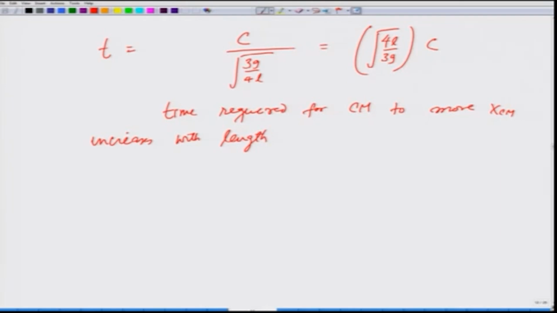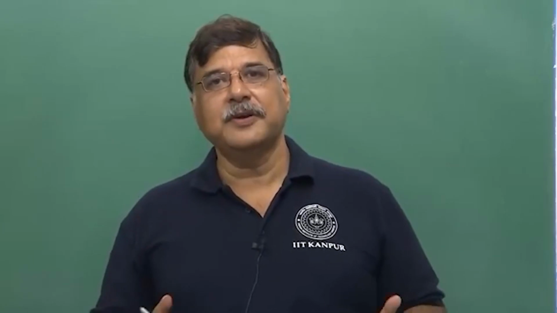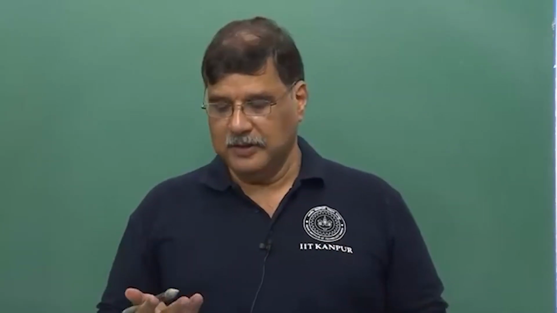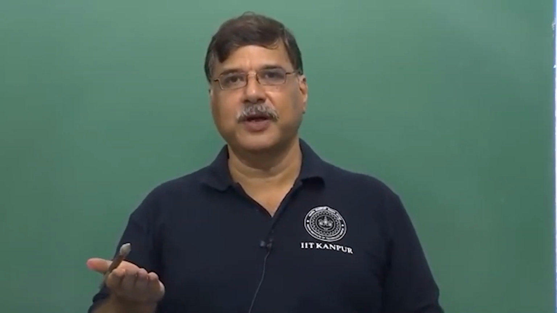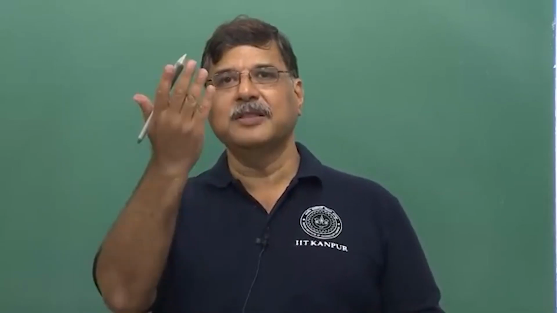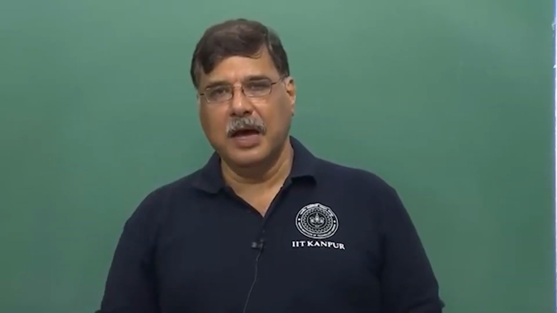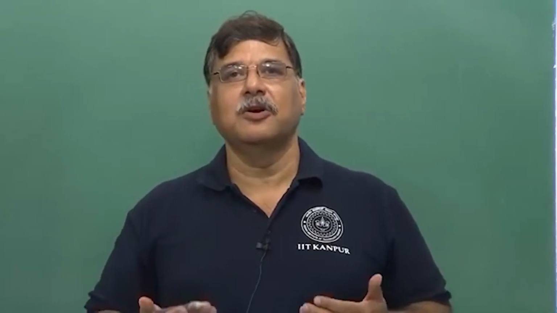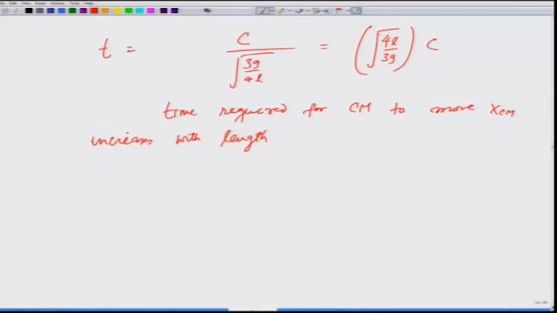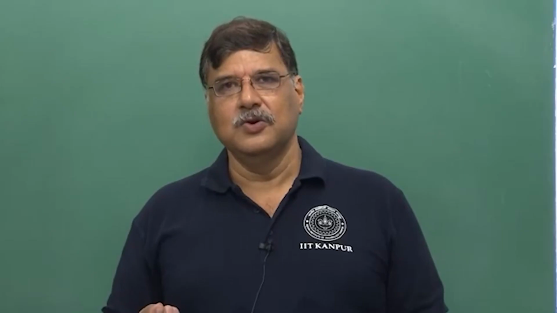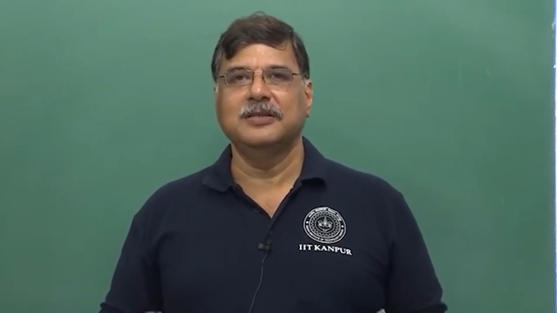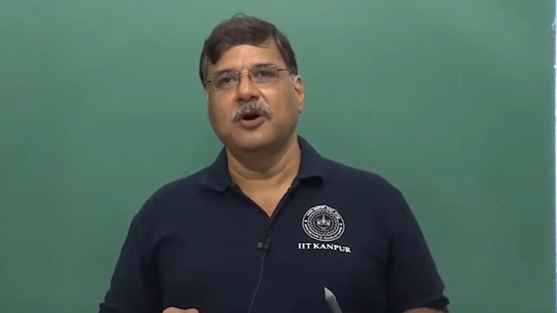So, the longer the rod, the more time it takes for it to cover a distance so that it starts falling, and if it gives you more time, then you have more time to adjust your finger so that you again bring the Cm back to exactly vertically above the finger so that the rod gets balanced. So, the longer the rod, the more time a person holding the rod gets to balance it, and therefore, you can balance it more easily than when the rod is shorter.